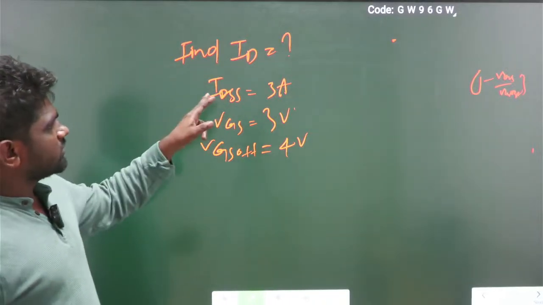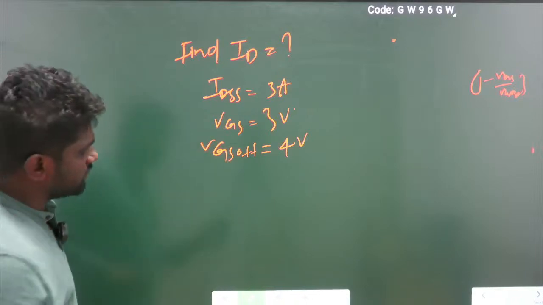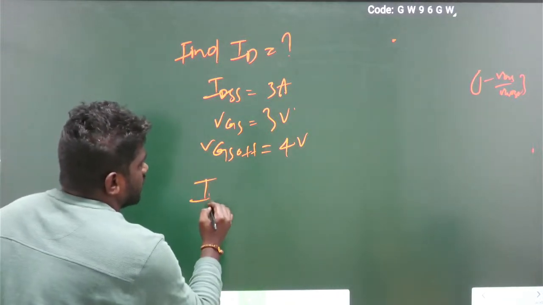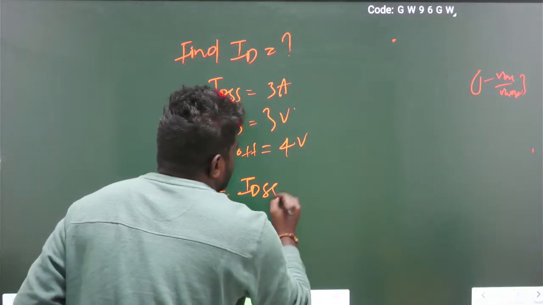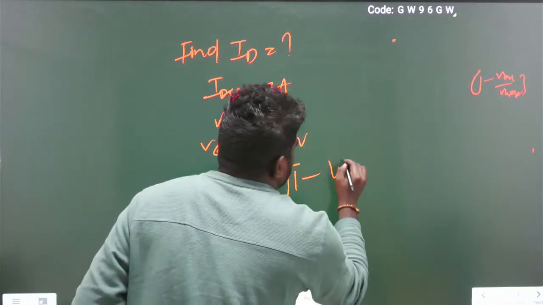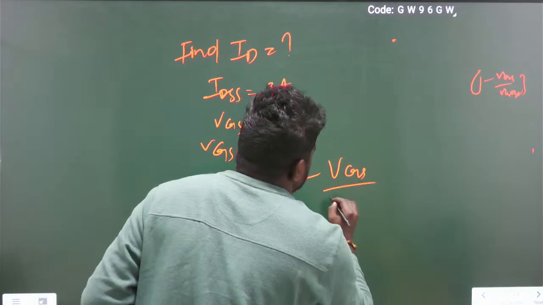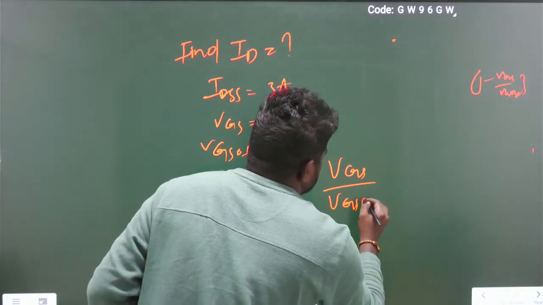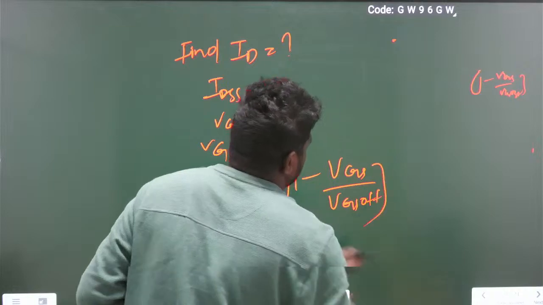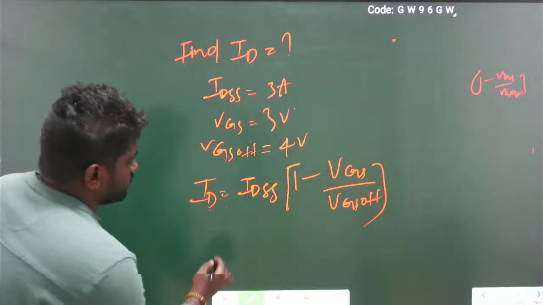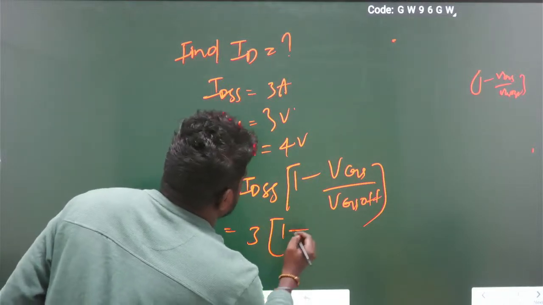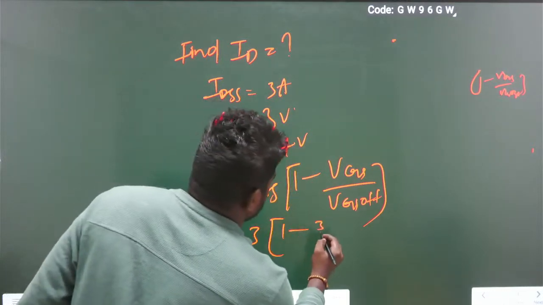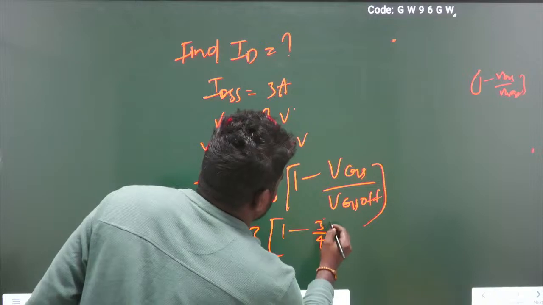Okay, now find the drain current. They have given the parameters IDSS, VGS and VGS off. The formula is drain current equal to IDSS into 1 minus VGS by VGS off. This is the formula, so substitute all the values: 3 into 1 minus 3 by 4.